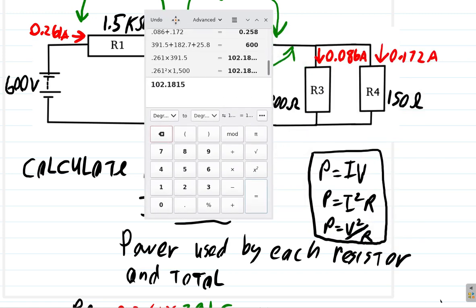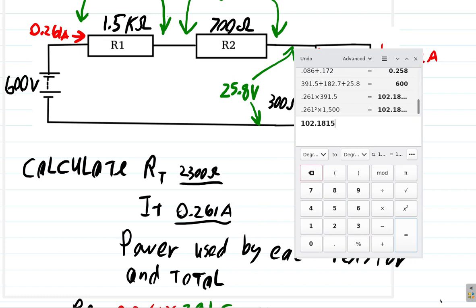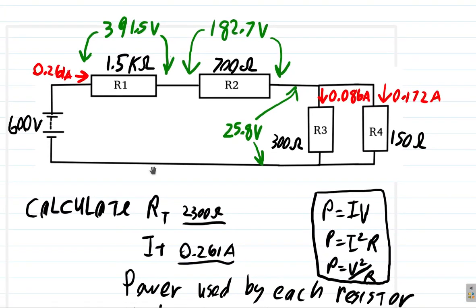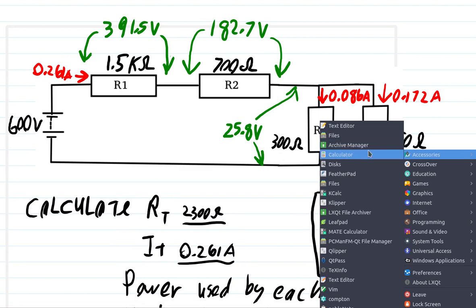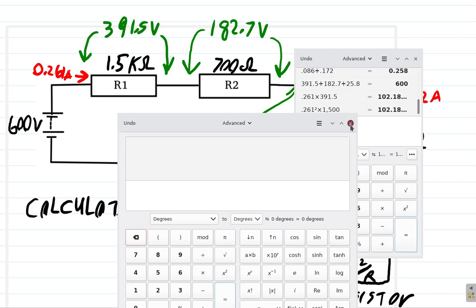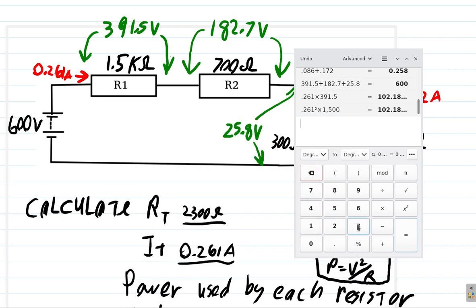Suppose you use V squared over R, what would happen? 391.5 squared, divided by 1500 ohms, you get back your 102.2.